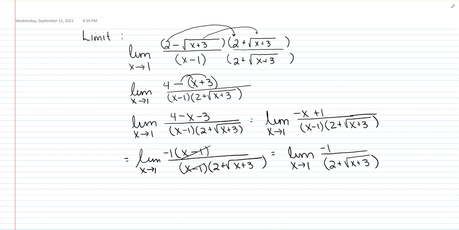Now try jamming in the number 1 and seeing what you get out. So if I jam in the number 1, the limit's going to be negative 1 over 2 plus square root of 1 plus 3. So that's negative 1 over 2 plus 2, negative 1/4.